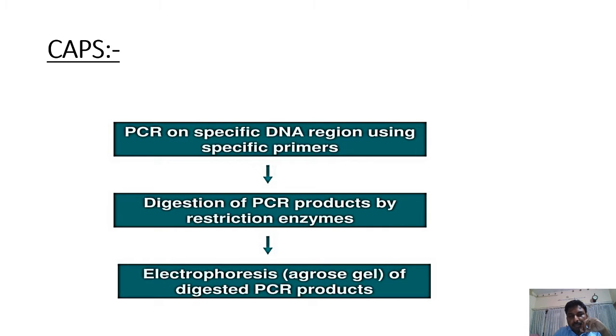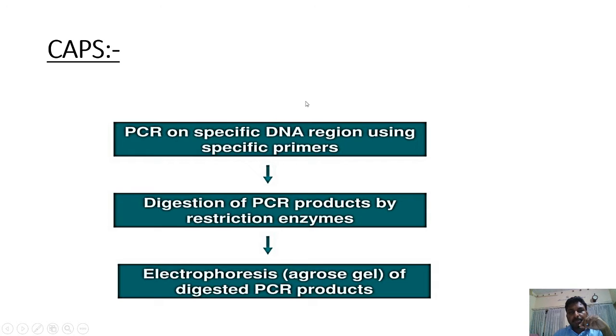Then these digested products need to be loaded onto a gel. After electrophoresis, you will get a pattern in the gel, and this pattern indicates CAPS. Reiterating once more, the DNA you get needs to be amplified with the specific primers.